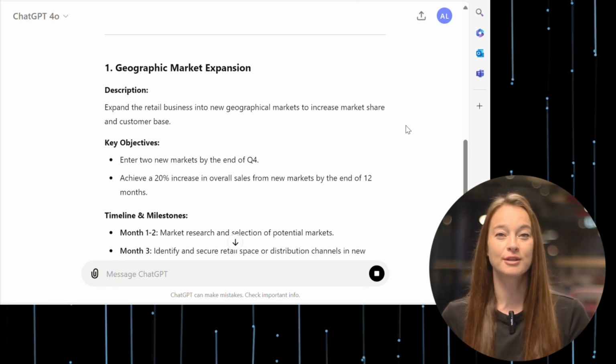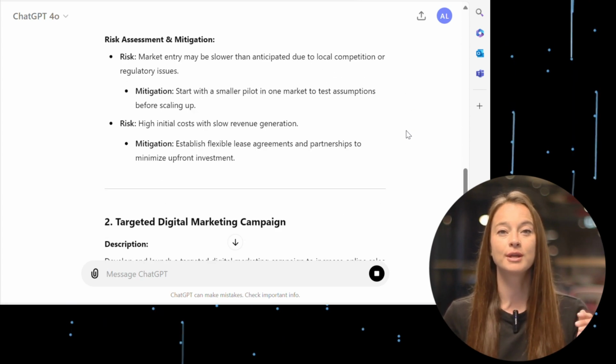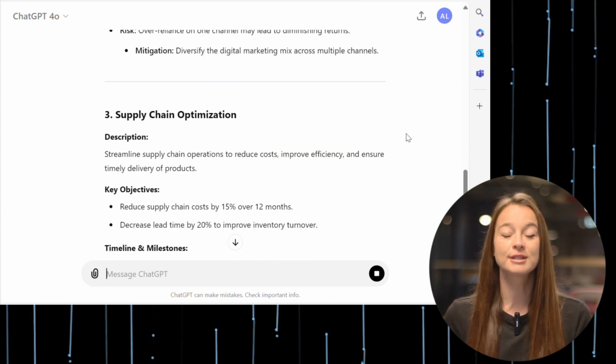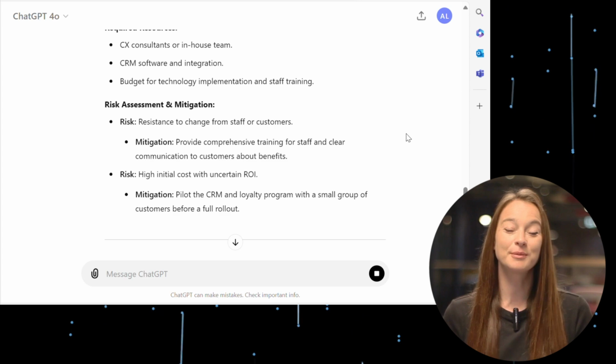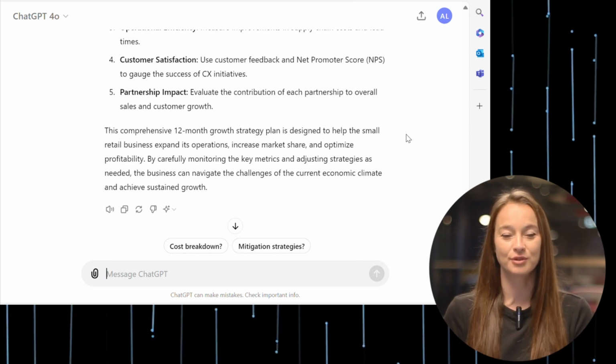And now let's look at the results. Oh, beautiful! So as you can see, we get a fantastic growth strategy plan, and it includes all the sections and all our requests. So ChatGPT saved us time and delivered the best results.